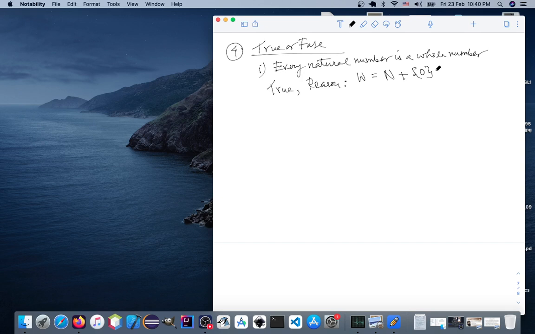I don't know whether you have studied sets in your previous classes or not; some boards like the ICSE board have sets. Anyway, a set is a collection of values or elements. Over here, the curly brace with 0 inside means the set contains a single value, 0. So when we add 0 to the collection of natural numbers, we have the whole numbers. That is the reason we say that every natural number is a whole number.